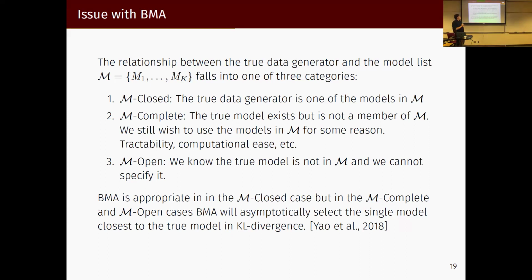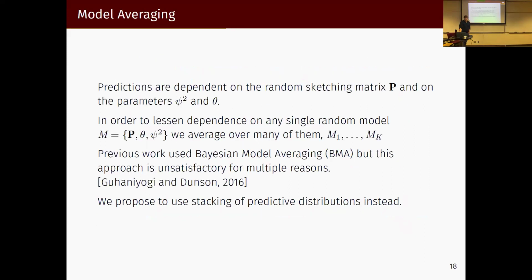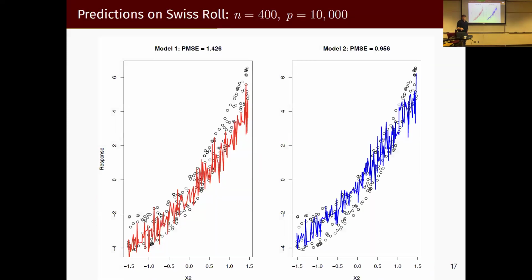There is an issue, because the issue with Bayesian model averaging is that in the end, it's going to select one of these two. All of our models in the model list are these random compression matrices and then the associated hyperparameters. So all of our models are kind of nonsense. All we care about is making predictions. Bayesian model averaging asymptotically is going to select this one or this one, but we would like to try and put these together to make better predictions.